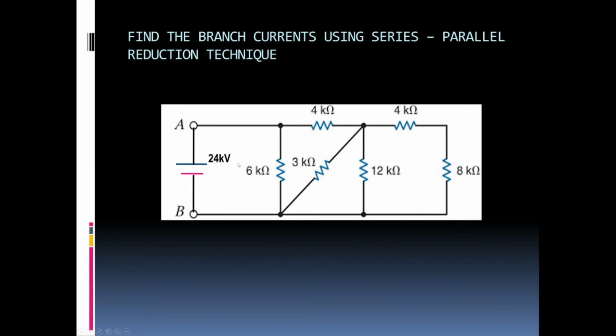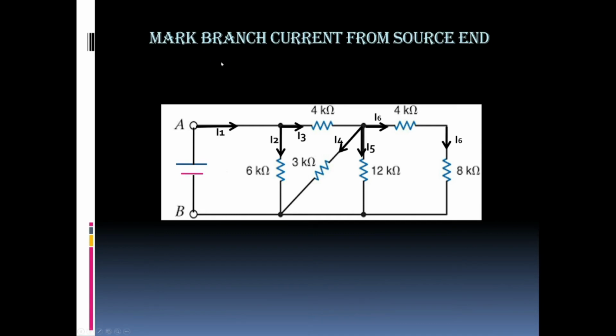Like I said, the first step is marking the current through all the branches and naming them. So here it's done. From the source, first we have marked this current as I1, and then when you reach here, the current divides between both the resistances, I2 and I3.